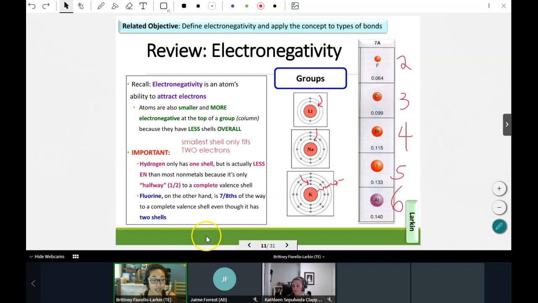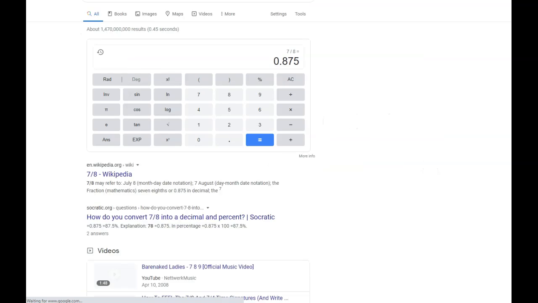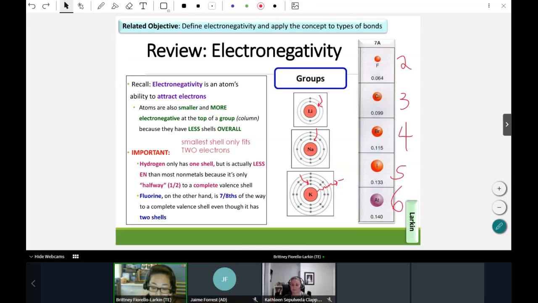Now, every other nonmetal has the ability to have 8 valence electrons in total, and they all almost have 5, 6, and 7 of those 8 electrons already. So taking a look here, that means that, for example, fluorine is 7/8 of the way already filled. So 7 divided by 8 gives us a percentage of 87.5%.